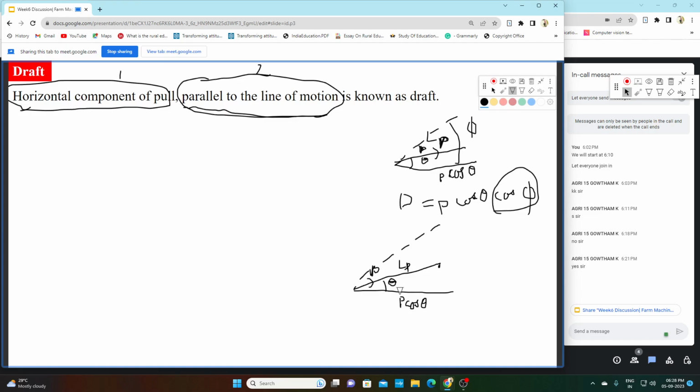This is your line of motion, LM. This P cos theta is also inclined with the LM by some angle, let's say phi. So what will be the component of P cos theta in LM? That will be equal to P cos theta cos phi.